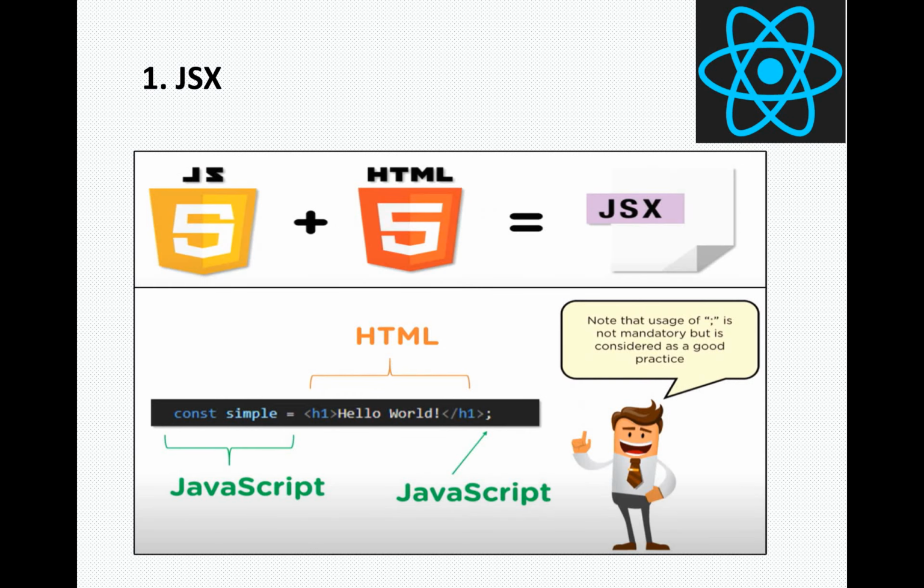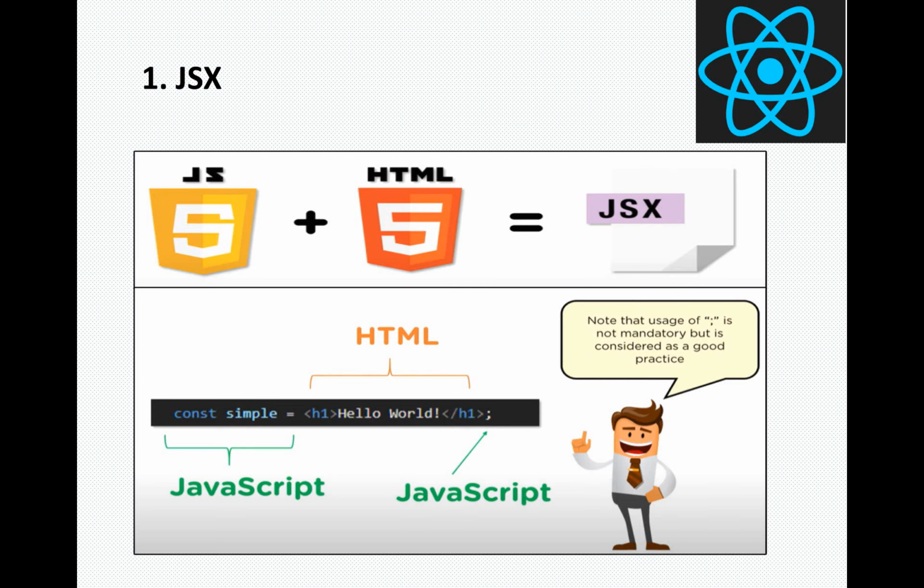So here, this one is JSX. JSX is a combination of JS plus HTML. Here below you can see JavaScript. When you're writing something, const simple equal to, this is JavaScript, and the rest of the area which we added into the tag, header tag, hello world, that including the tag is HTML, and the semicolon itself is JavaScript.